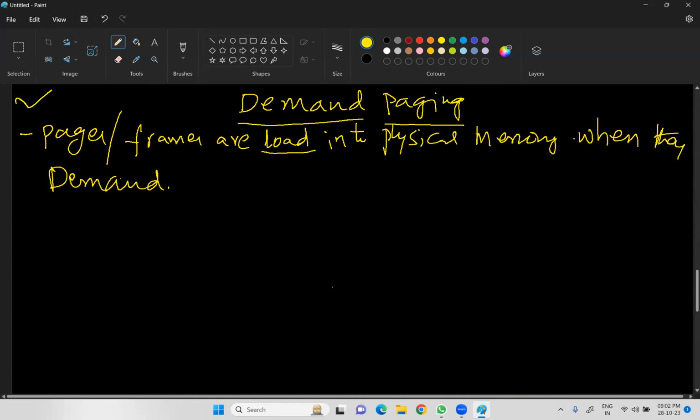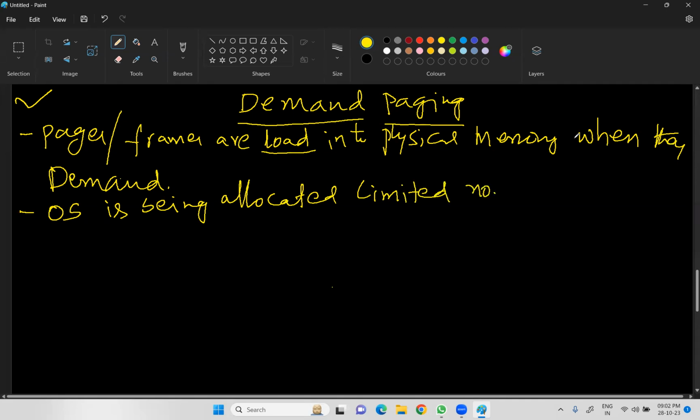And one more point to be remembered here: the operating system allocates a limited number of frames or pages to a process.